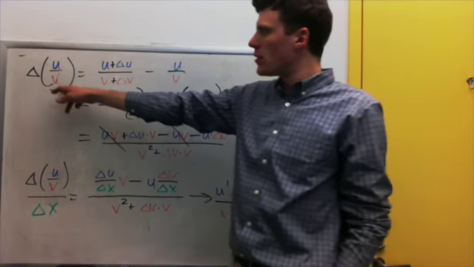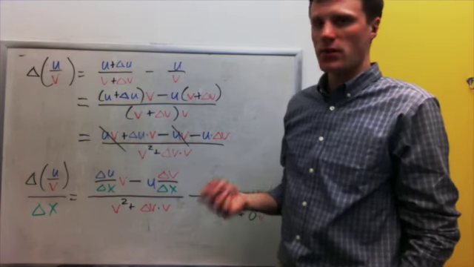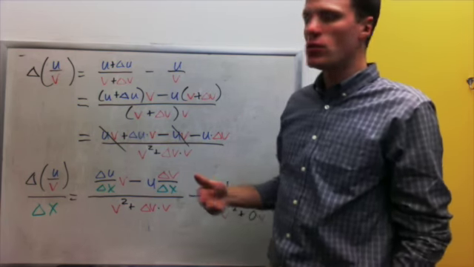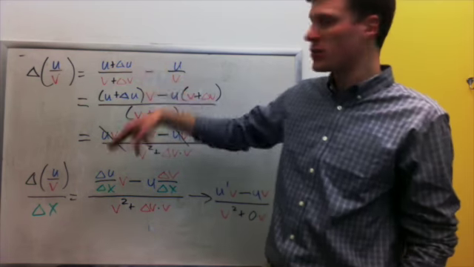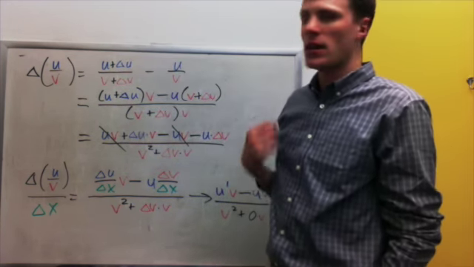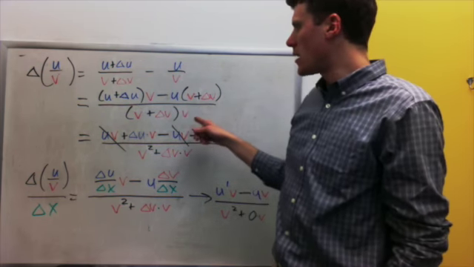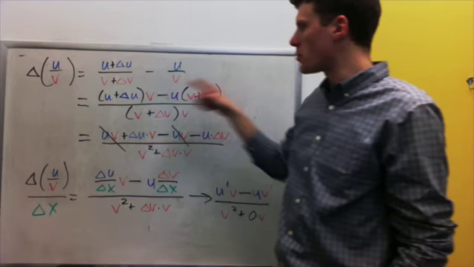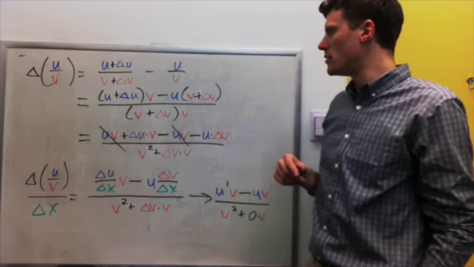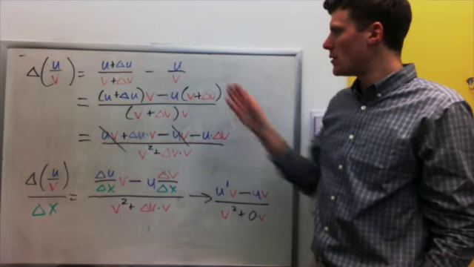Okay, so delta U divided by V is what happens. It's the difference when I change x by delta x. Well, U divided by V, when I add delta x, becomes U plus delta U divided by V plus delta V. So the change is that quantity minus U over V. I get a common denominator, which gives me this expression, U plus delta U times V minus U times V plus delta V over V plus delta V times V. And then I multiply out.